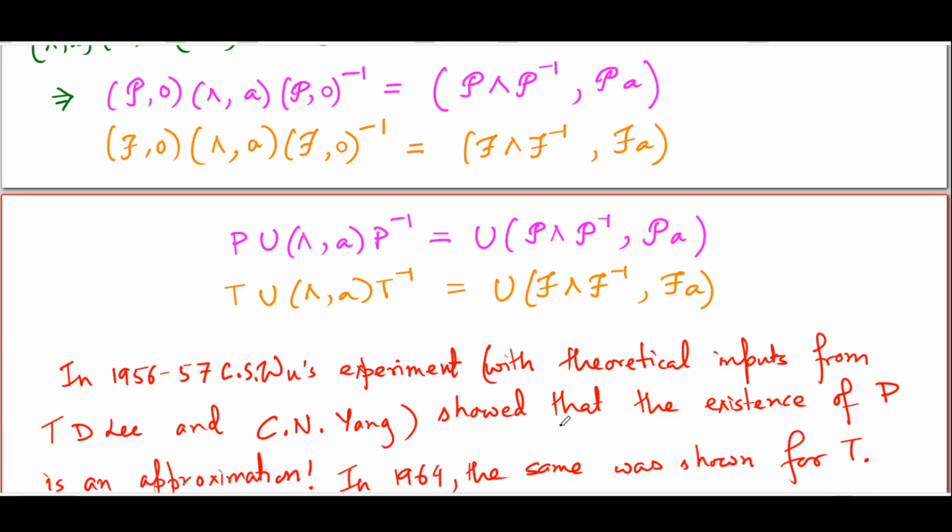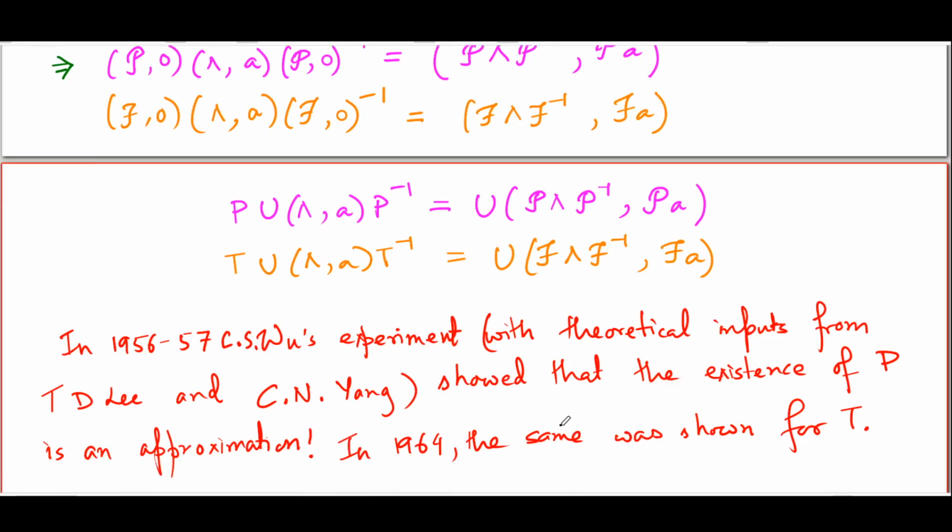She had theoretical inputs from T.D. Lee and C.N. Yang, and with the help of that, she managed to show that the existence of capital P is really an approximation. There are physical systems, in particular, systems which take part in the weak interaction, for which an exact operator capital P simply cannot exist. Existence of capital P would be inconsistent with the experimental observations that were being made.